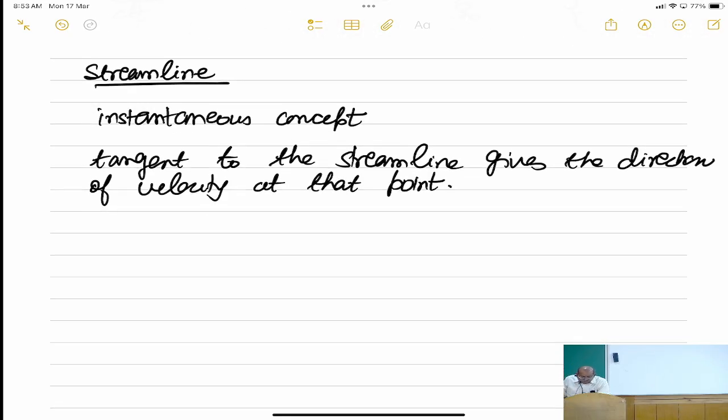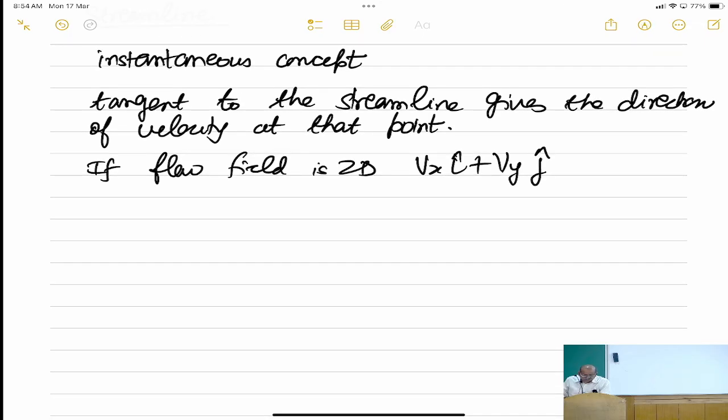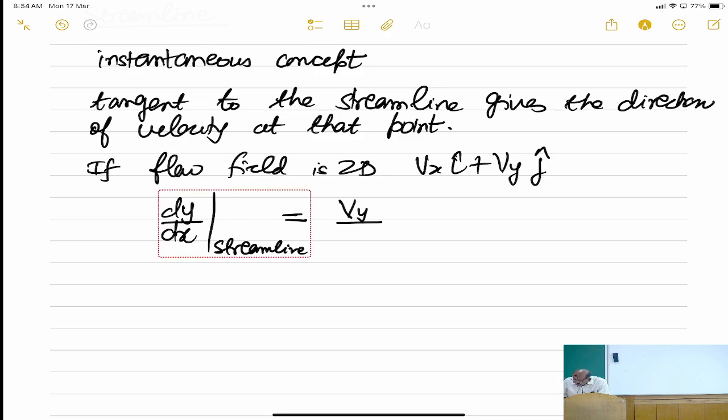So for example, if the flow field is 2D, Vx i plus Vy j, then tangent to the streamline means dy by dx of the streamline gives you the direction of the velocity.